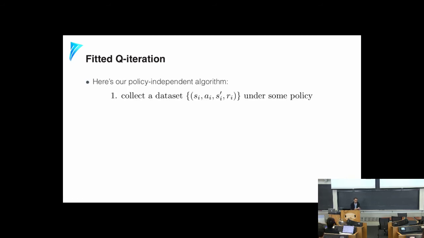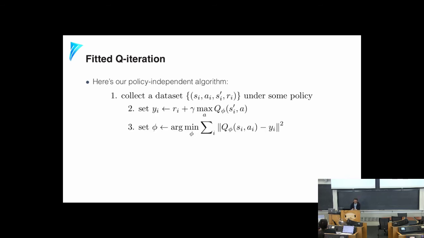So here's the policy-independent algorithm that we get from here. Let's say we have a data set that we collected under some policy. Note that it is not the policy that we keep optimizing, but some policy. Then there are two steps, where the first step computes the targets for the Q function, and the second step optimizes the Q function with respect to the parameters of the Q function.